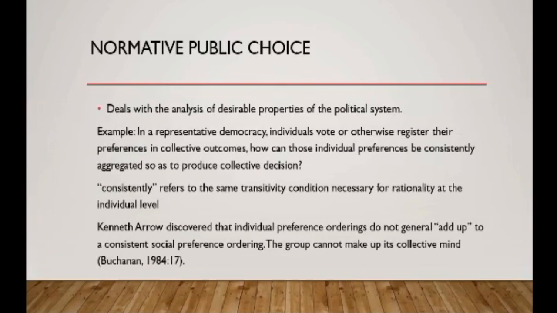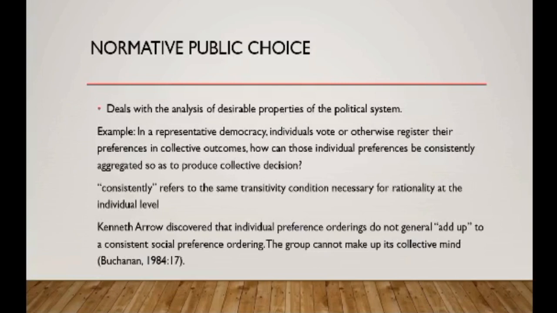Normative public choice is the first strand of public choice theory, and it deals with the analysis of desirable properties of the political system. For example, in a representative democracy, individuals vote or otherwise register their preferences in collective outcomes. So, how can those individual preferences be consistently aggregated so as to produce a collective decision?